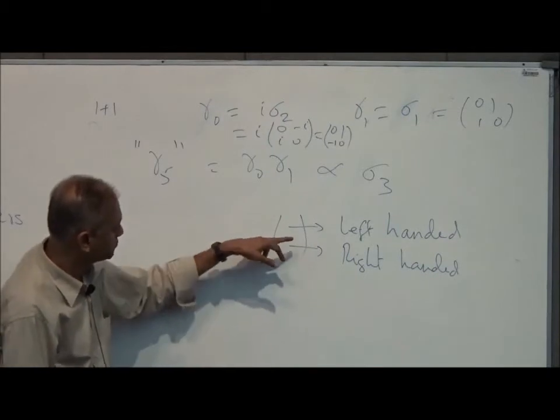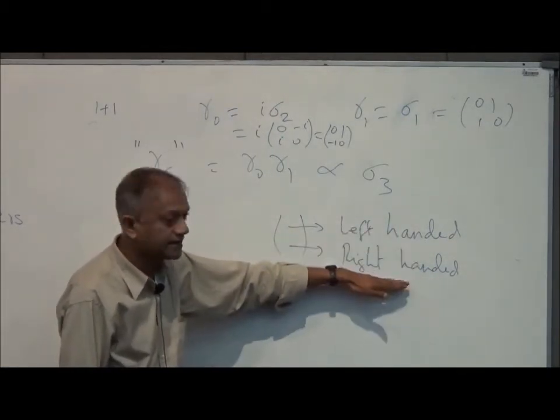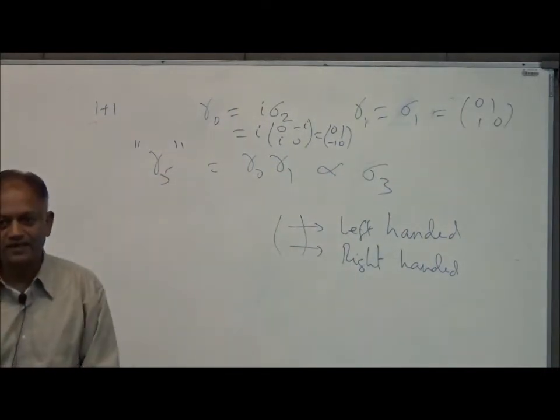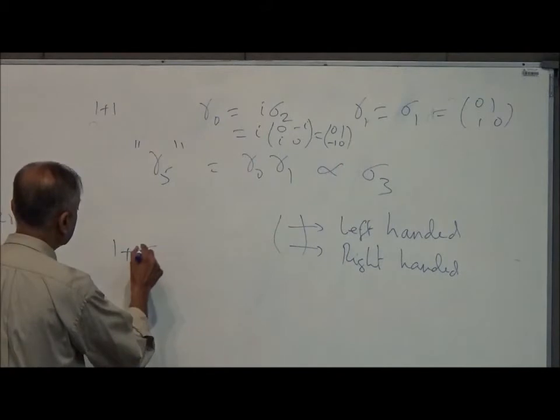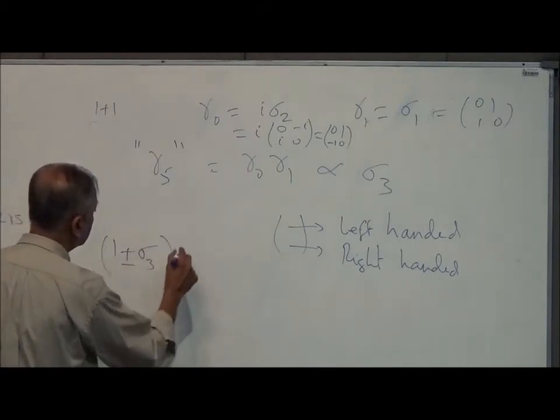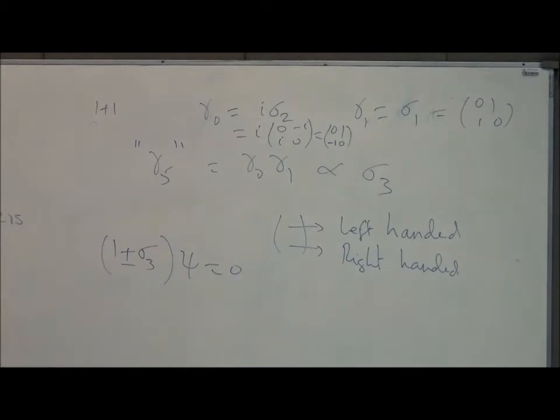And of course, you can also choose your fermions to be purely left-handed or purely right-handed by imposing the chirality condition: 1 plus or minus sigma 3 acting on psi equal to 0, depending on your choice. So you can impose both the chirality condition, say that your fermion is only left-handed, as well as the Majorana condition.